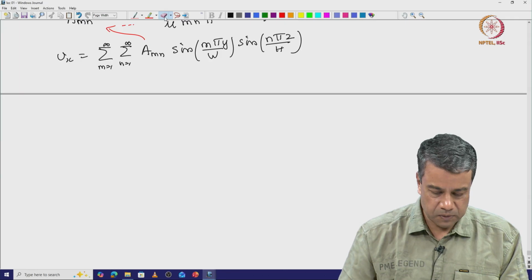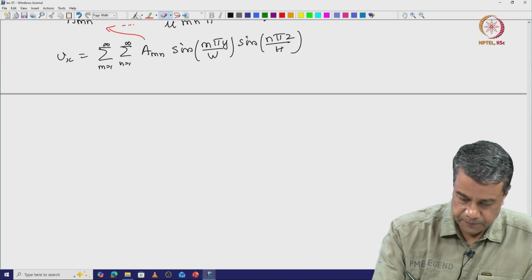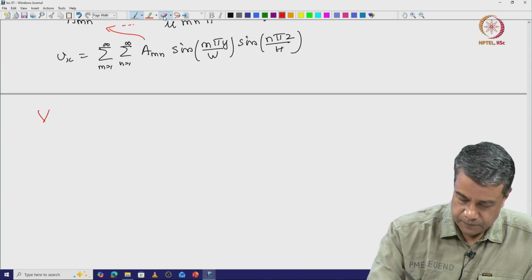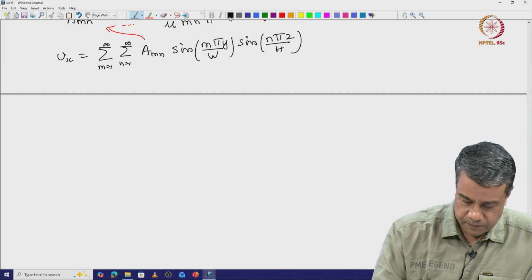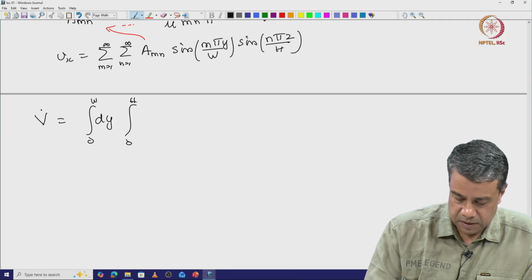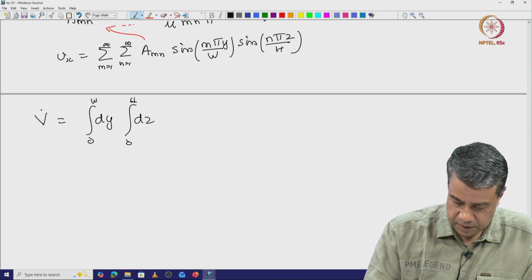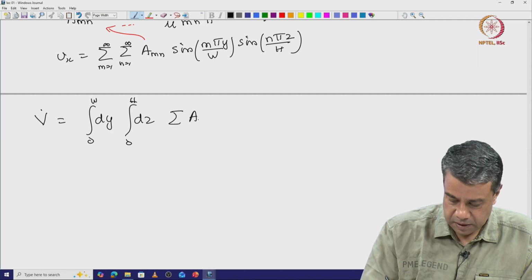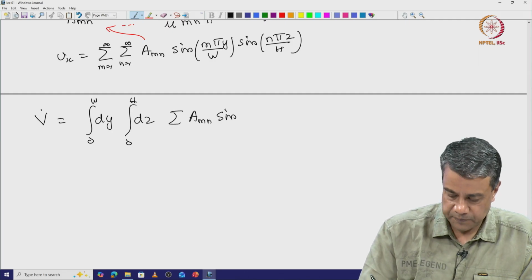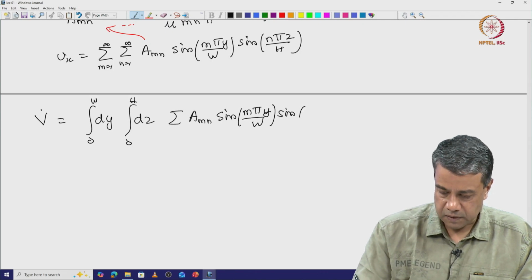Now we can find out what is the flow rate. Okay, so the flow rate, I will call that V dot, is equal to integral 0 to W dy, integral 0 to h dz of summation A m n sine of m pi y by W sine of n pi z by h.